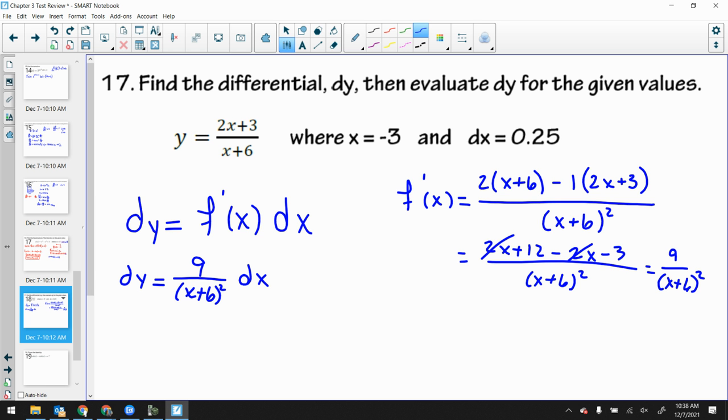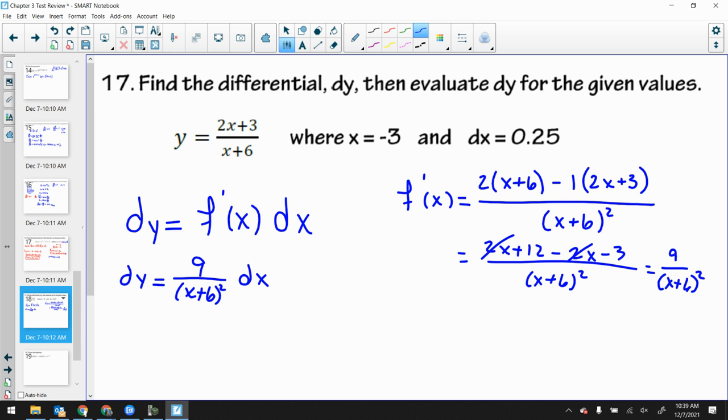When I say to find the differential dy, that is what I'm talking about. Honestly, I'm really just asking to find the derivative, but to write it in the differential equation. Because now I say, okay, find it if x is negative 3, and I only want the differential on x to be 0.25, what's my differential on y?